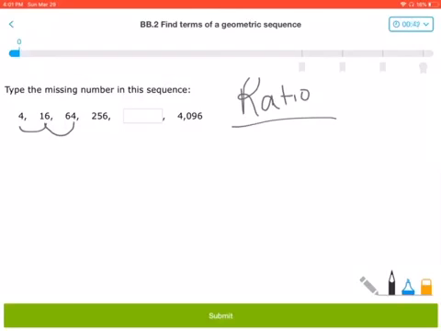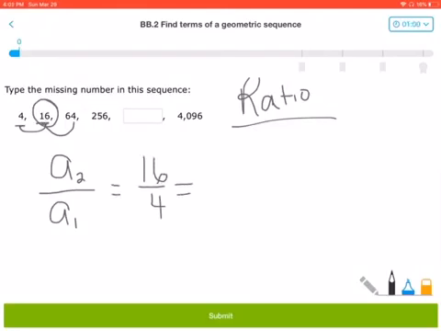The way you do that is you take, not the very first one, but element 2. In a sequence, they would call that A2, then divide it by A1. This is the second one, this is the first one. So 16 divided by 4 is 4. So that's our ratio. That is what they are multiplying each number by to get the next.